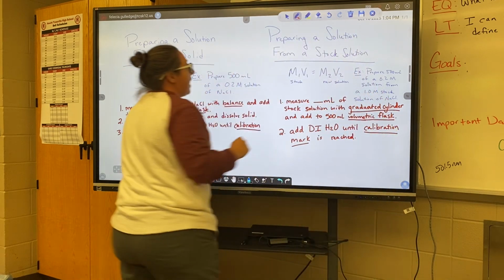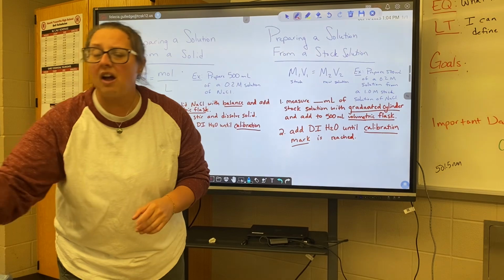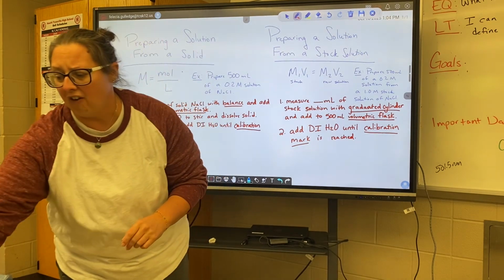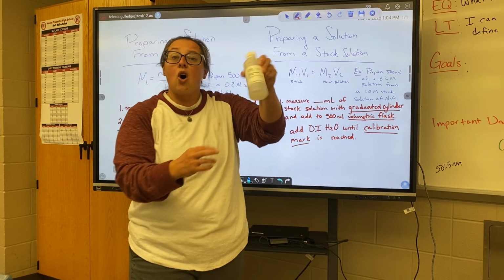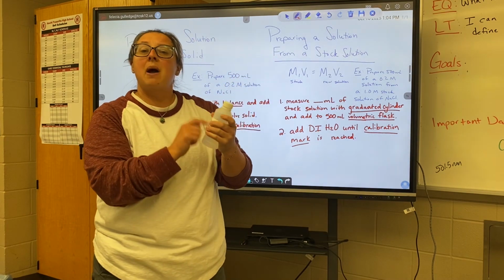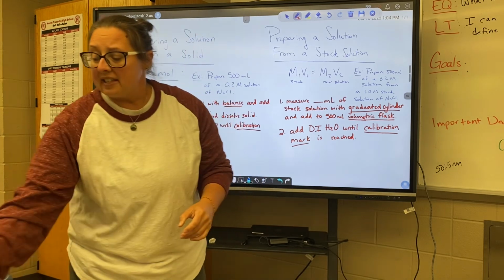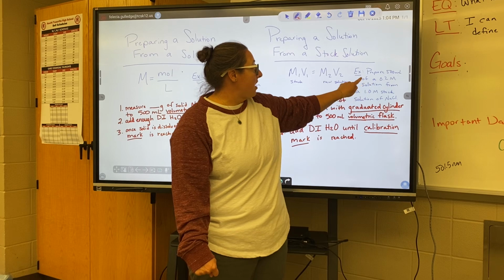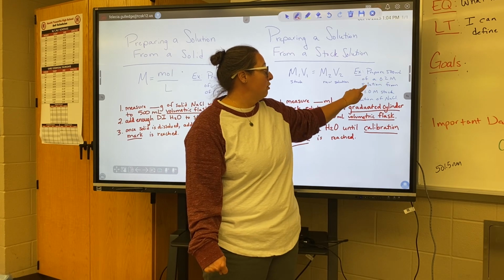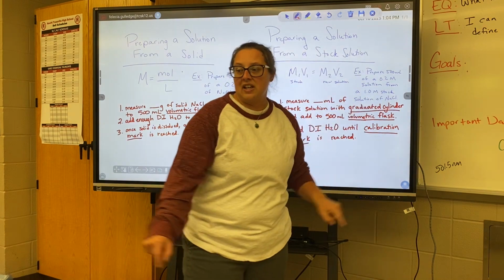The second way to prepare a solution is if we do not have a solid on the shelf, but instead we have a stock solution. So this is already a solution, it just might be a higher concentration than what we need. So an example problem would be prepare 500 milliliters of a 0.2 molar solution from a 1 molar stock solution of NaCl.